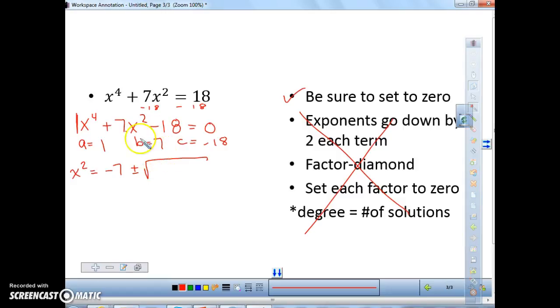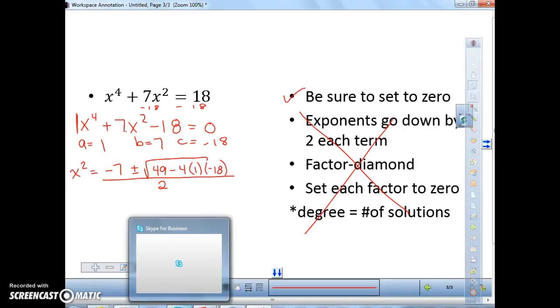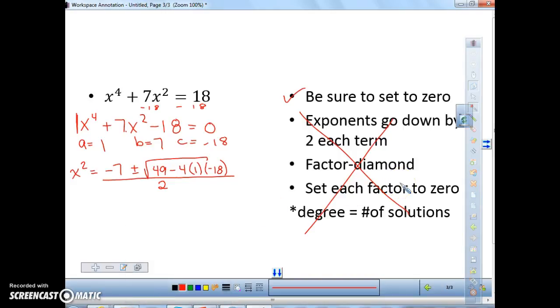What's b squared? 49 minus 4 times 1 times negative 18, all over 2 times 1. So over 2. Take a minute to write it down.